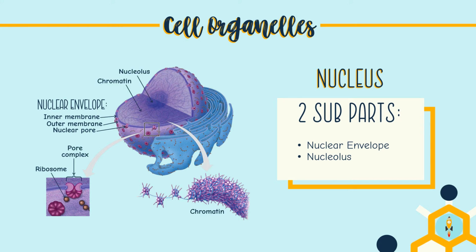Nucleolus. Most nuclei contain at least one denser area called the nucleolus. The nucleolus, or plural nucleoli, is the site where DNA is concentrated when it is in the process of making ribosomal RNA. Ribosomes are organelles made of protein and RNA that direct protein synthesis in the cytoplasm.